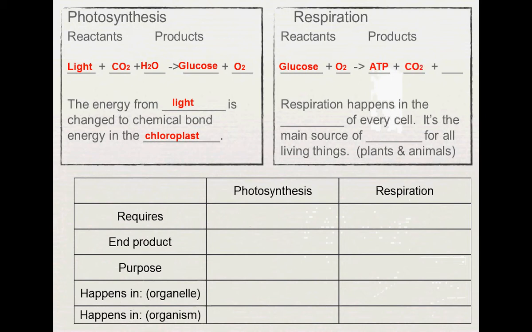And carbon dioxide. Mia, which organelle does it happen in? Abby? Mitochondria, which releases energy for the cell. And it's the main source of energy for all living things. Basically all living things, whether it's plant, animal, bacteria, they all go through this process of respiration to produce ATP, which the cell runs on. Correct. For example, only plants and a few other things go through photosynthesis.